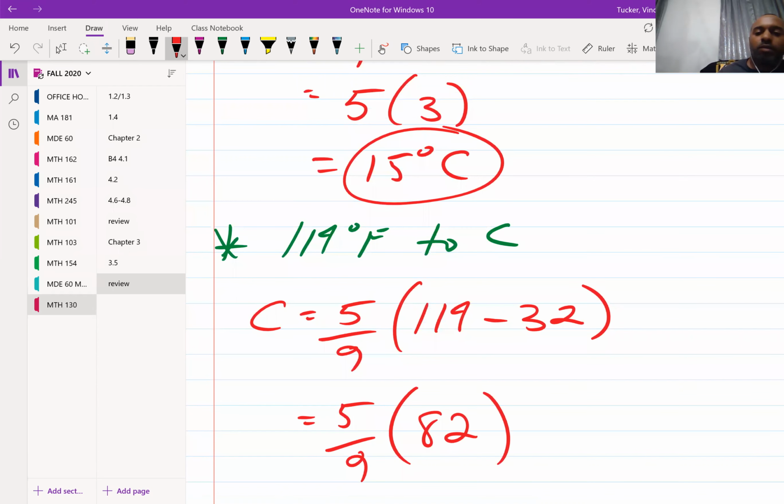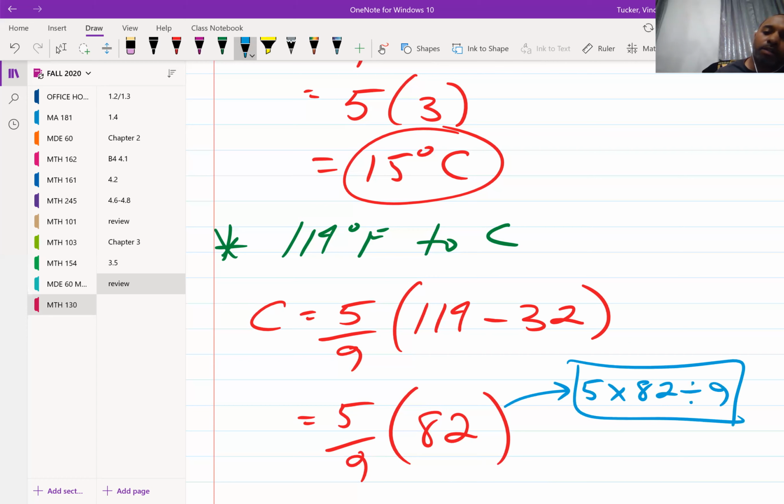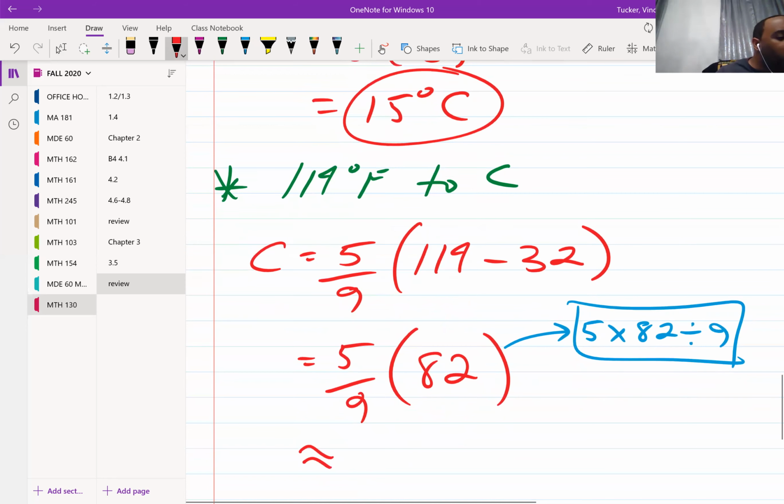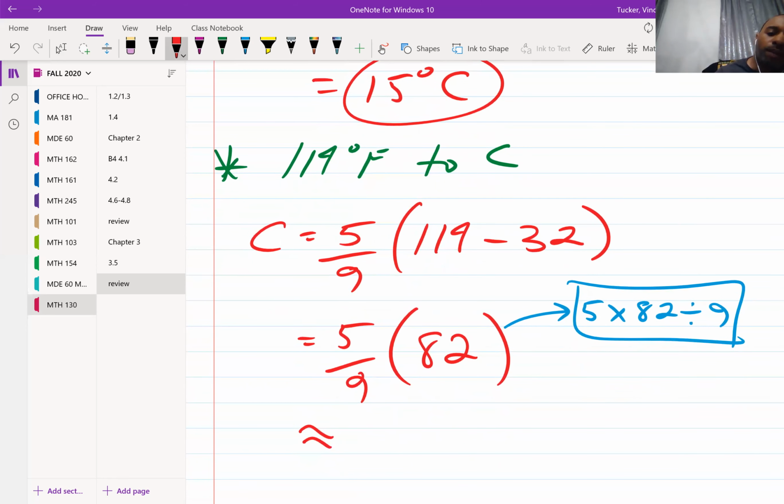That'll be 82. And 9 doesn't go into 82 evenly, so I would go ahead and throw this in the calculator. 5 times 82 divided by 9. And so that'll be approximately, and always pay attention in your MyMathLab to see how many decimal places they want. This one says 45.6 degrees, and that'll be Celsius, of course.